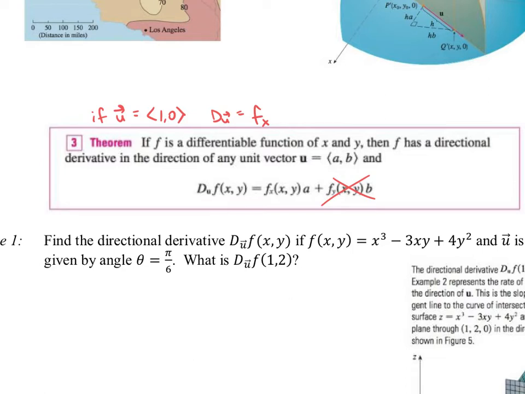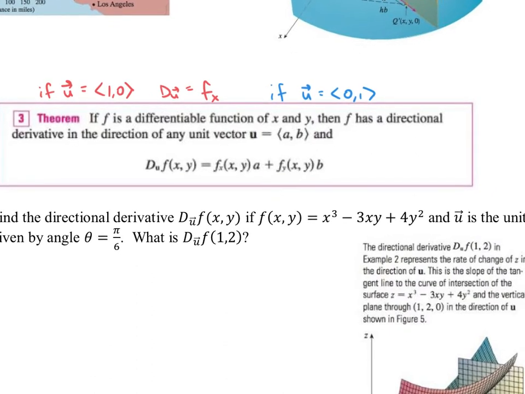And then if you look at the opposite case, let me erase this, we have a unit vector ⟨0, 1⟩. Think about what's happening to our directional derivative formula. We would cancel this part of it because a is 0, and the directional derivative itself would be equal to the partial with respect to y.